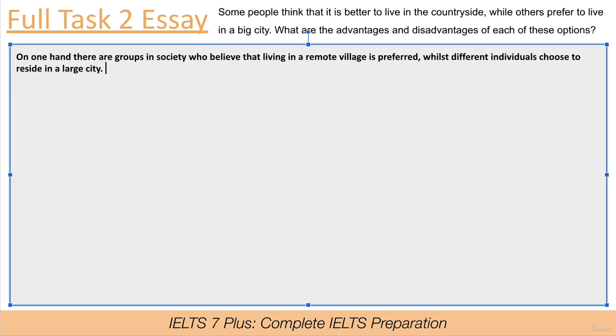City is hard to paraphrase. On one hand, there are groups in society, that might be a nice comma there. On one hand, there are groups in society, who believe that living in a remote village is preferred, whilst different individuals choose to reside in a large city.